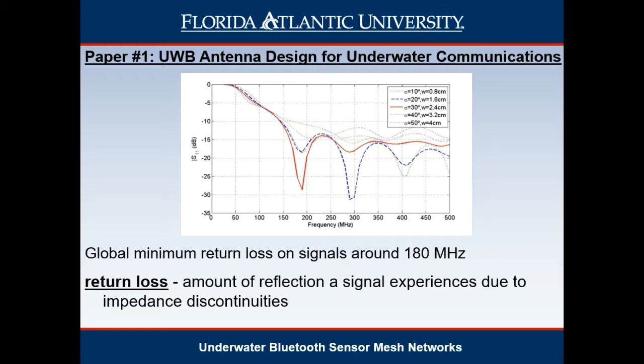Here the return loss is on the vertical chart in decibels. The various dashed lines are different angles and length ribbons, while the solid red line is the best candidate they found. And you will see there's a pattern here, return loss minimums, that repeats itself every 100 or so megahertz.